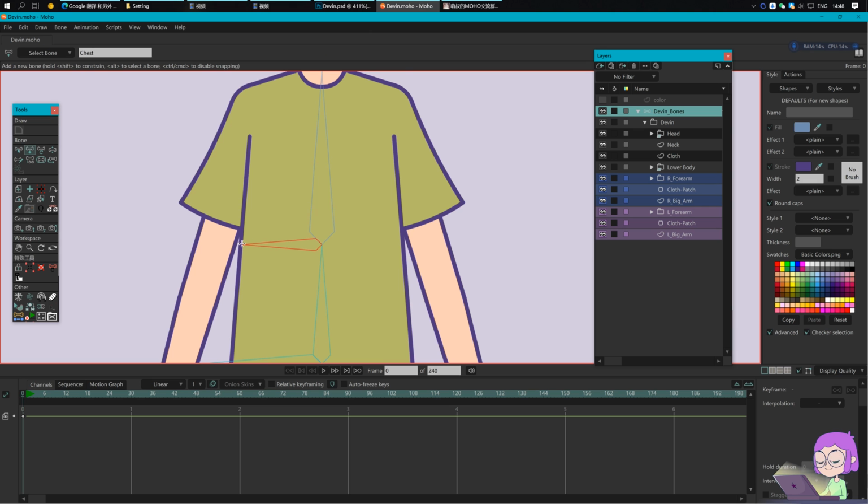Next, I will add bones to the 2 points of the waist.